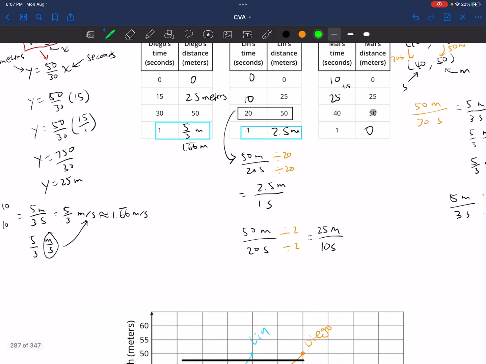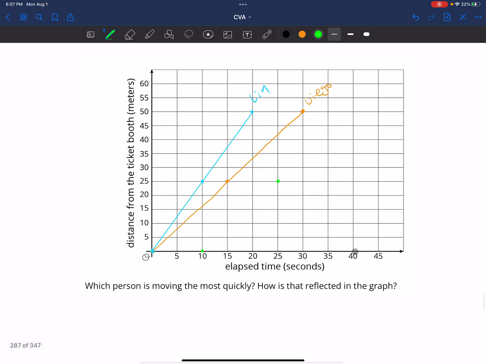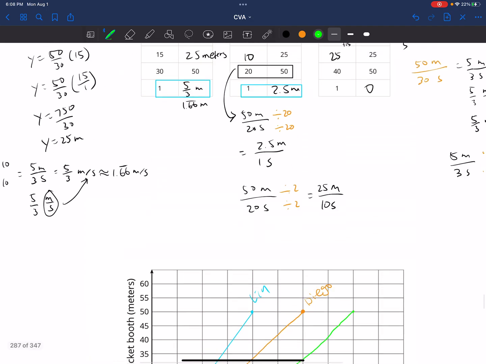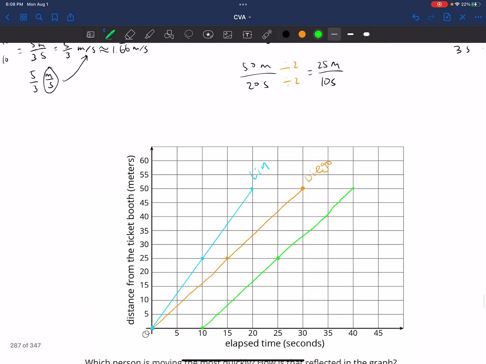And then 40 and 50. 40 and 50 is right there. And that is going to be... Ugh, it won't let me do it like Diego. Here we go. Bam. It's okay. That is going to be Mai.